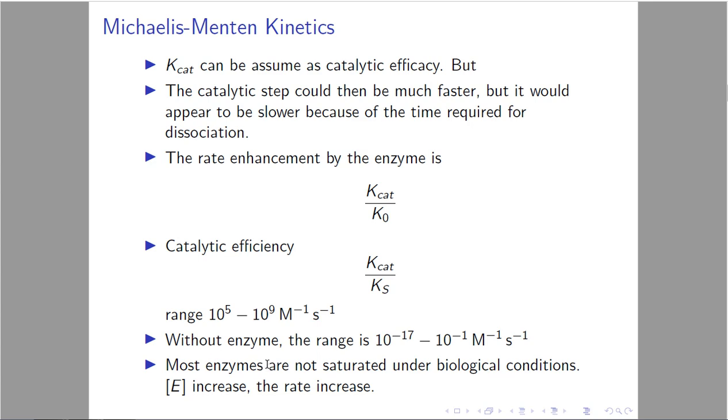If we increase the concentration of enzyme, the rate can increase. But to save money, we put a specific number of enzymes so that we can produce the product without wasting money.